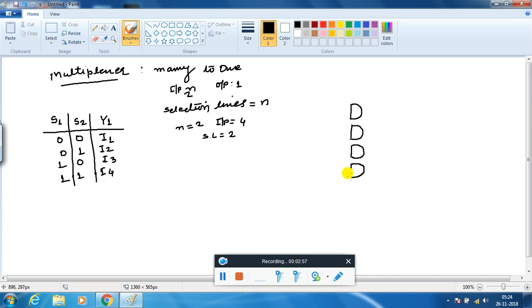Again we have to draw the decoder circuit. It has 4 outputs, but the decoder has 4 outputs while the multiplexer has only a single output. So all these 4 outputs are going to be inputs to an OR gate.